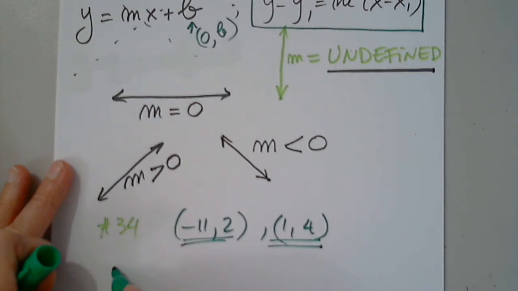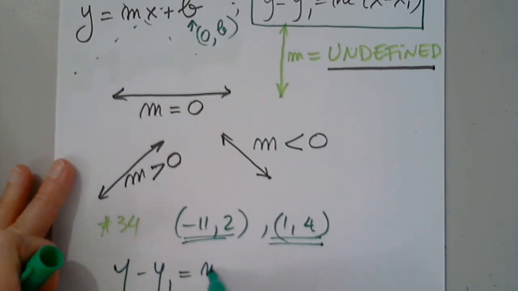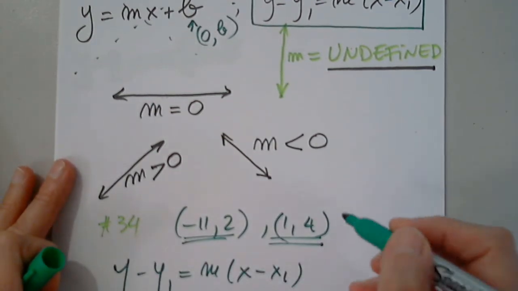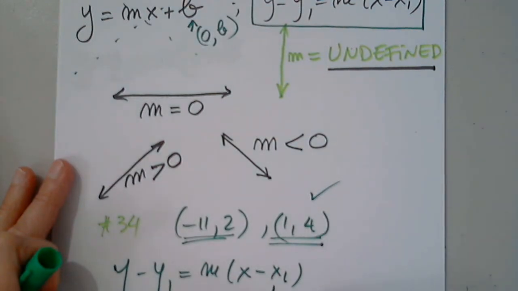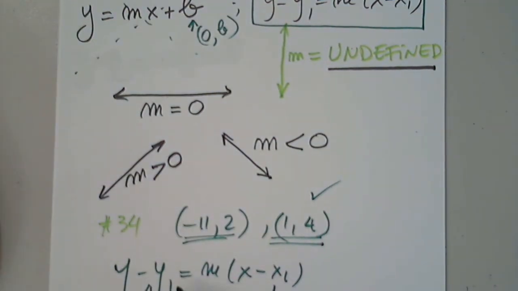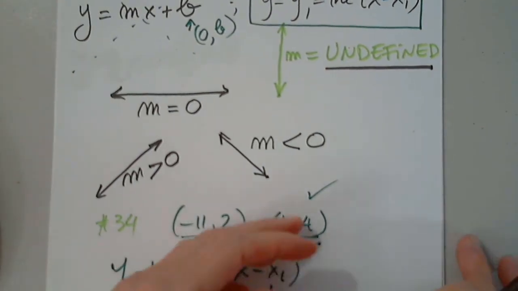So I'm going to write it for myself here: y minus y1 equals the slope times x minus x1. Let's say I choose 1, comma 4. So y1 will be replaced by 4, x1 will be replaced by 1, but I need to determine the slope. Can anyone tell us how to determine the slope? We did this before with the difference quotient. We used that formula several times already.